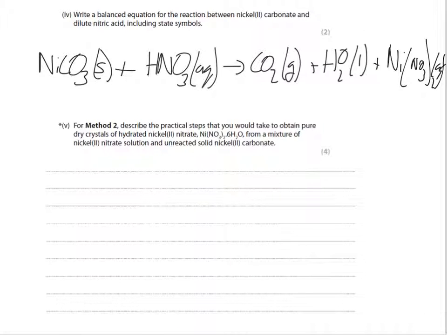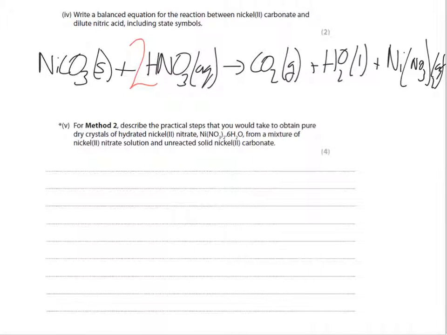Okay, and that says aqueous, by the way, at the end there. Please excuse my writing. And you can see now that we need to balance it because we've got 2 hydrogen on the right and 2 nitrate. And so we'll put a big 2 in there. It always surprises me that even at A level, that's worth 2 marks.